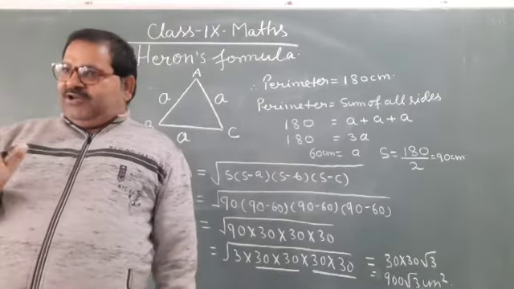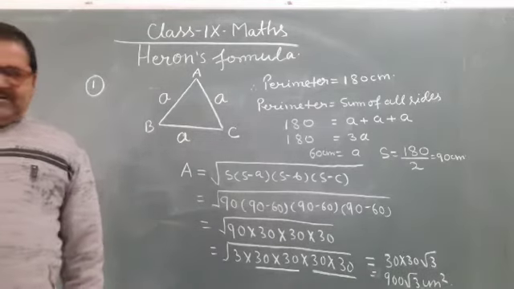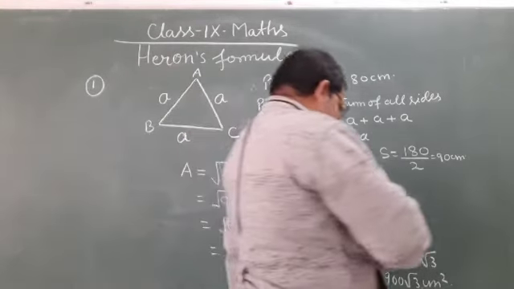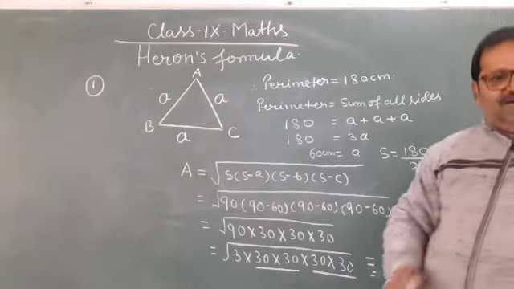If you put the value of under root 3 as 1.7, then you multiply 900 into 1.7, and the answer will come in decimal places. But here the value of under root 3 is not given, so you can write the answer either in under root 3 or in decimal form. Clear? Okay.